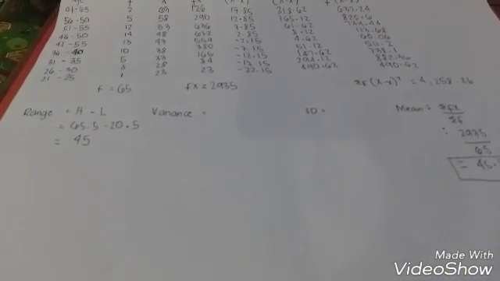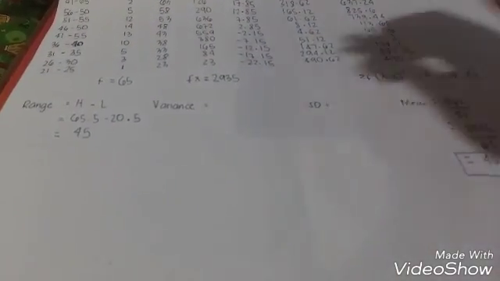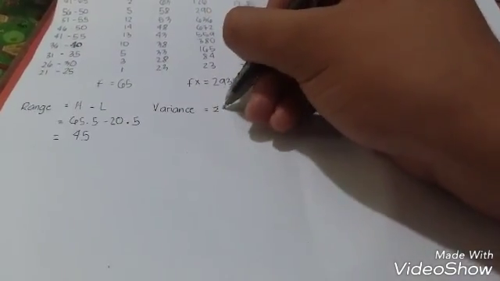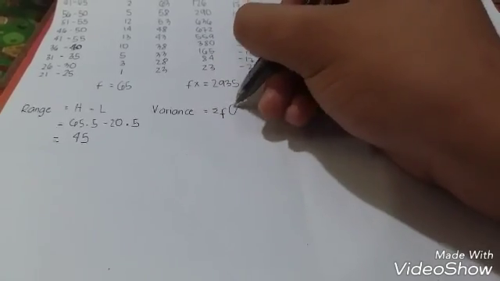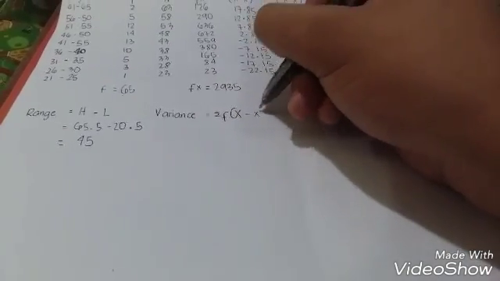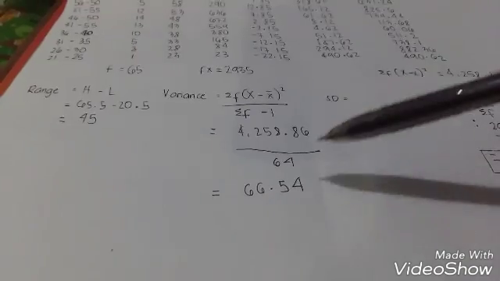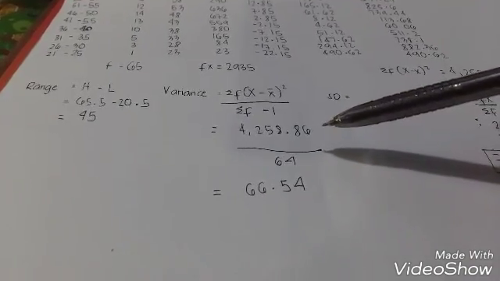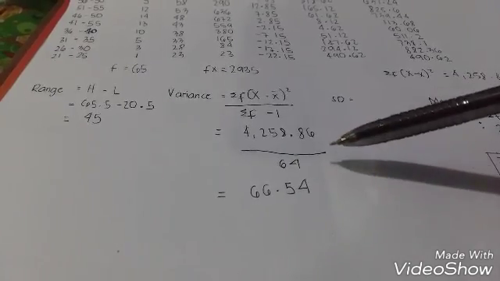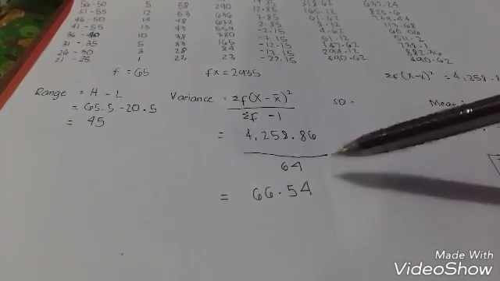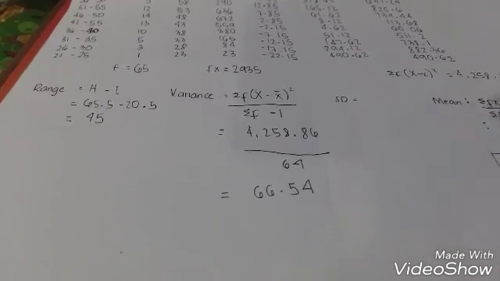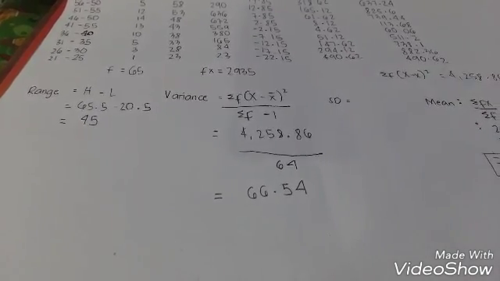So in getting the variance, the formula of the variance is summation of f times class mark minus mean squared divided by summation of f minus 1. So 4,258.86 divided by 64 is equal to 66.54.